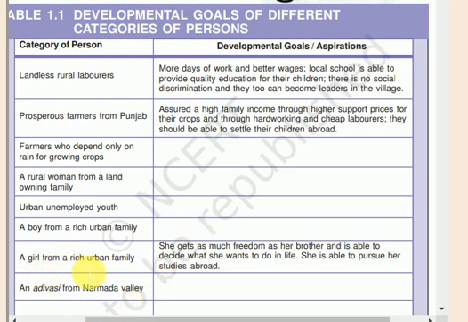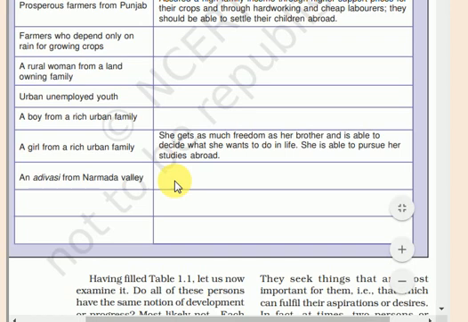A girl from a rich urban family gets as much freedom as her brother and is able to decide what she wants to do in life. She is able to pursue her studies abroad. An Adivasi from Narmada Valley, because dams were planned to be constructed on the Narmada river.